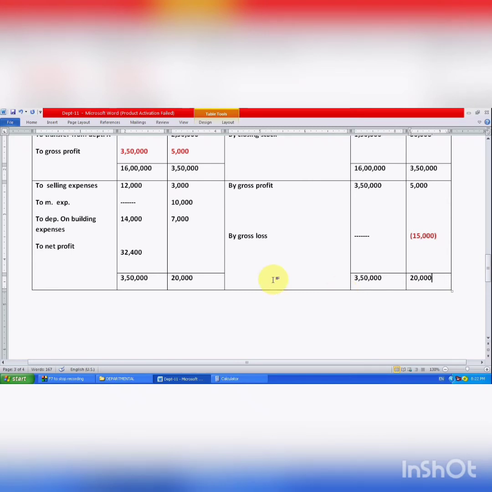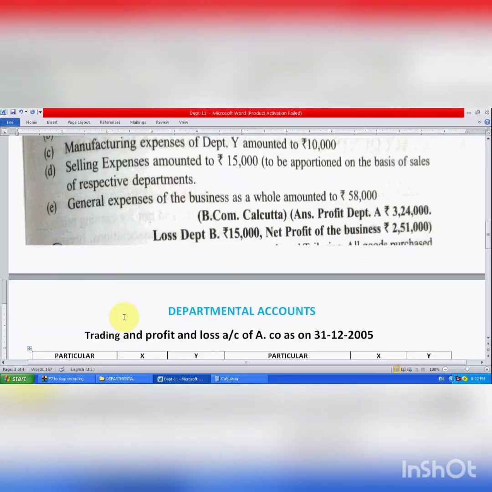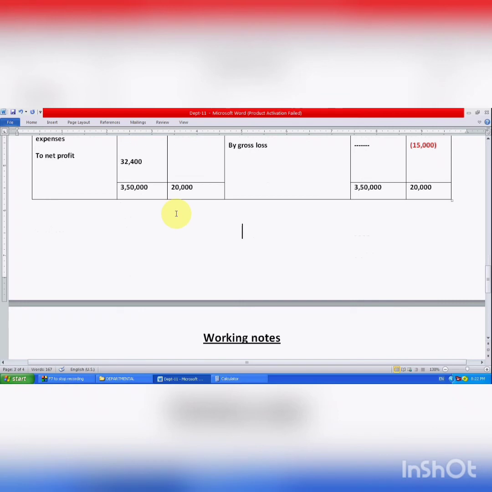So now calculate the net profit. So these are the net profits, but now calculate the net profit of the business. So net profit of the business means calculation of net profit of business.